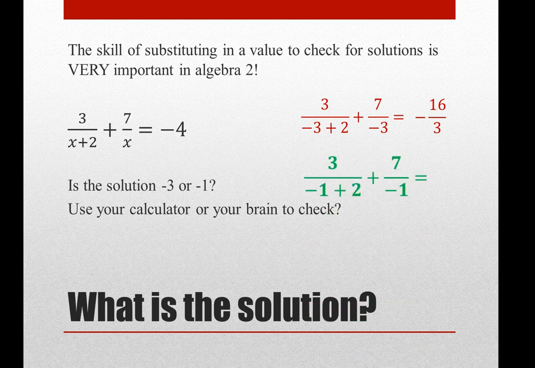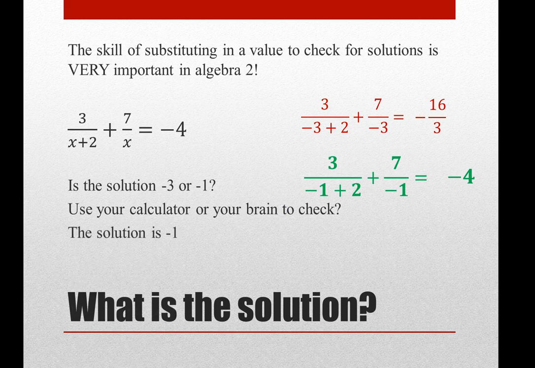All right, so now let's put in -1, and I put in -1 wherever x is, and I use my brain or my calculator, and I get -4. So having done these two things, what do I now know?